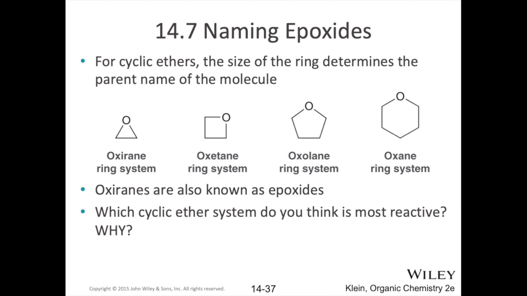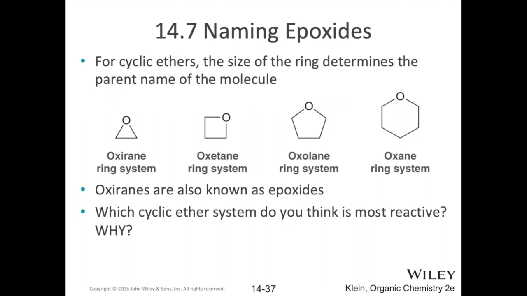You can have cyclic ethers where your R groups are connected together by however many atoms. You can have multiple carbons in between, and there are different names for those. We call the epoxide ones oxirane, and as you increase the number of carbons in your ring, you get different names accordingly. But like I said, the oxirane or epoxide systems are the ones that are going to be most reactive.